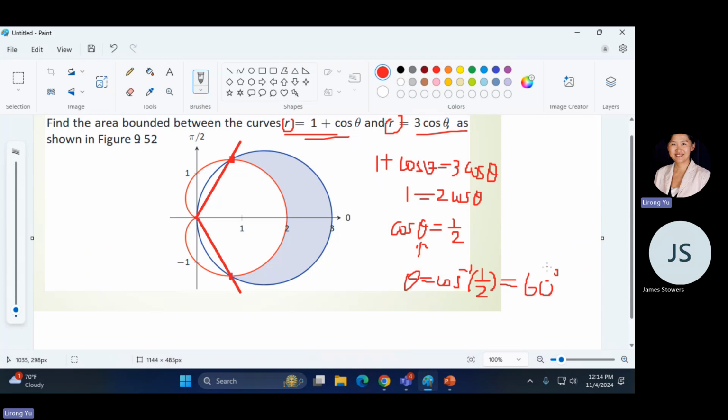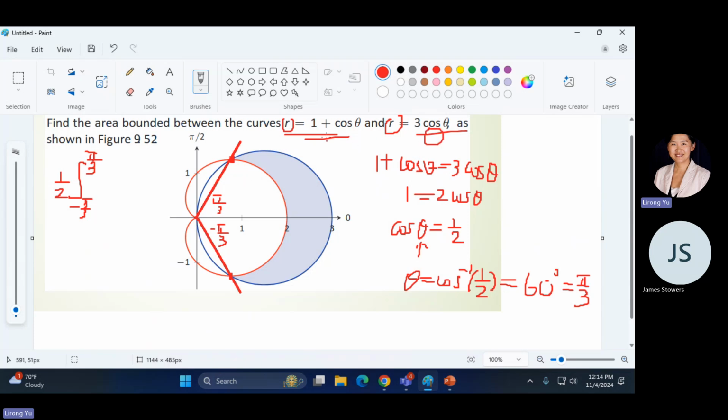So now we know 60 degrees is also pi over 3. So this angle is pi over 3, and this one is negative pi over 3. The actual calculation will be 1/2, remember that was the polar area, integral from negative pi over 3 to positive pi over 3 of outer radius squared minus inner radius squared.